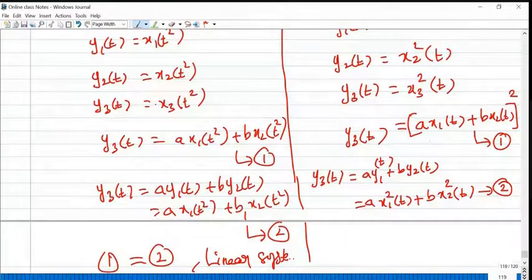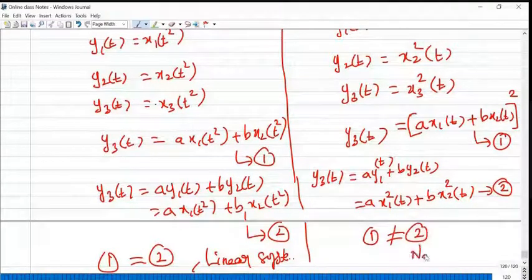If we expand this, a square x1 square of t plus b square x2 square of t plus 2ab x1 of t x2 of t. So in this example, 1 is not equal to 2. Therefore, the system is non-linear. Okay. So while solving the problem, it should be clear: x of t square is different from x square of t function.